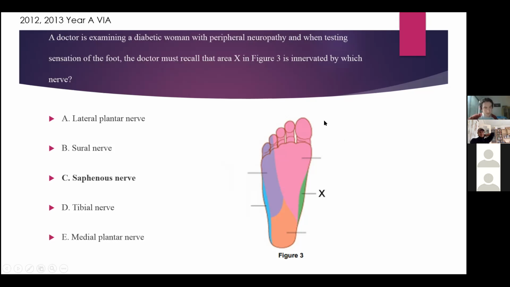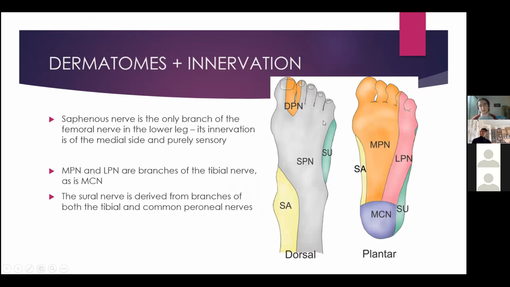So the saphenous nerve is the interesting one because it's actually the only branch of the femoral nerve that comes into the lower leg, and it has no motor function. So the entire motor function of your lower leg is controlled by branches of your sciatic nerve, and the saphenous nerve just supplies the medial aspect of your lower leg with sensation.